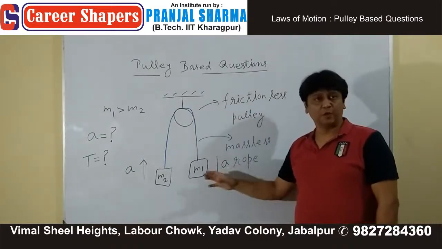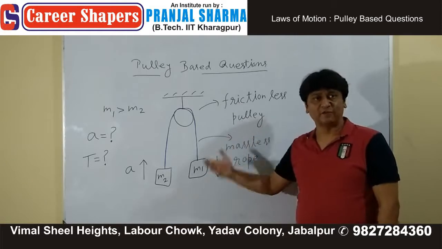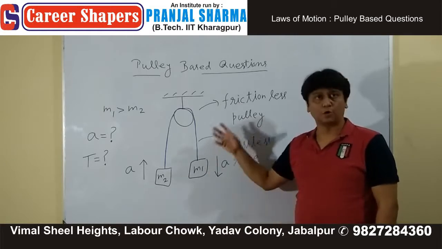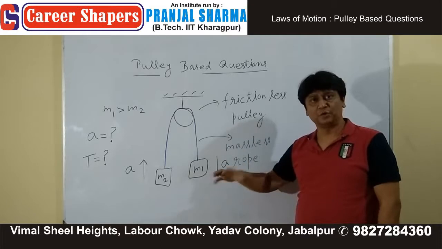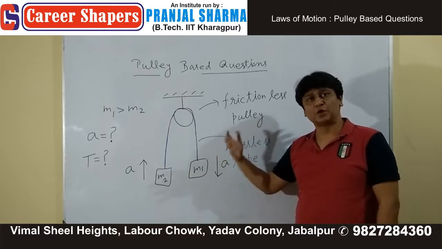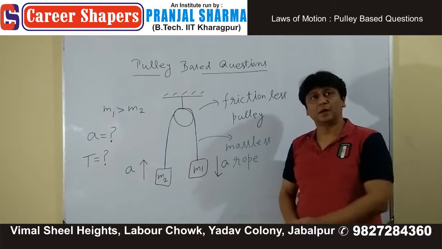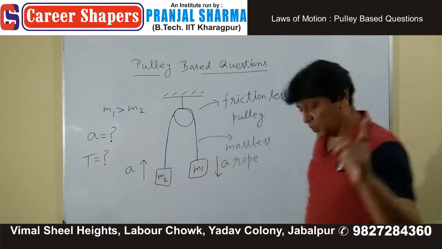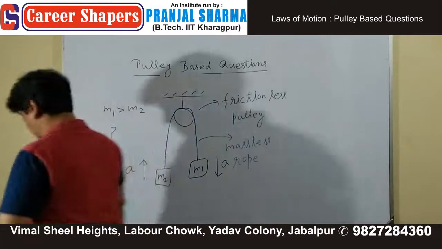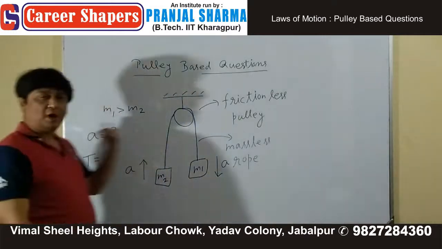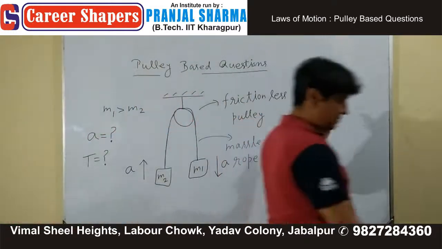Try to find A with whatever knowledge I have given you about rope, tension force, and use of F equals ma. Only these things are required. F equals ma. In a massless rope, tension is same everywhere.